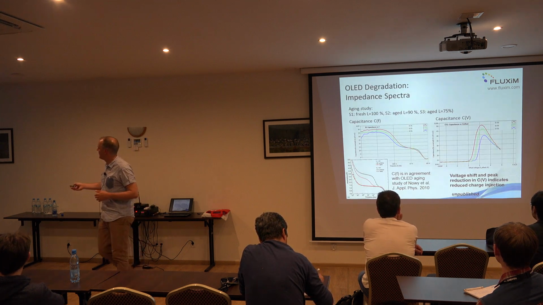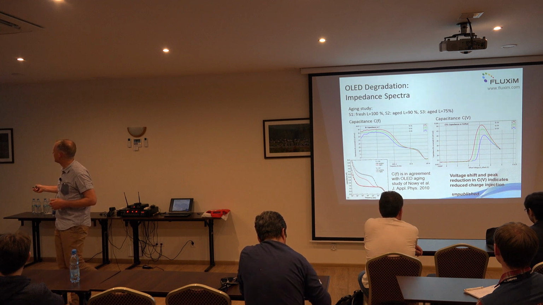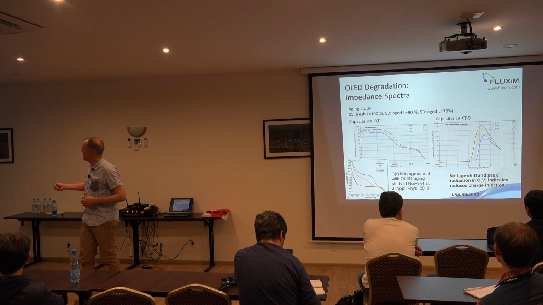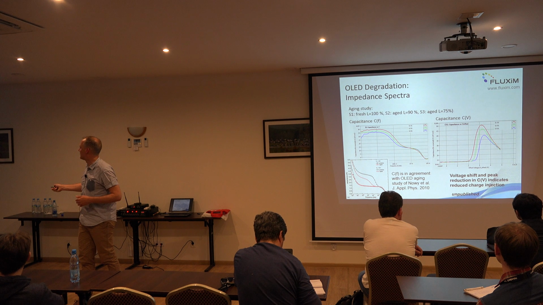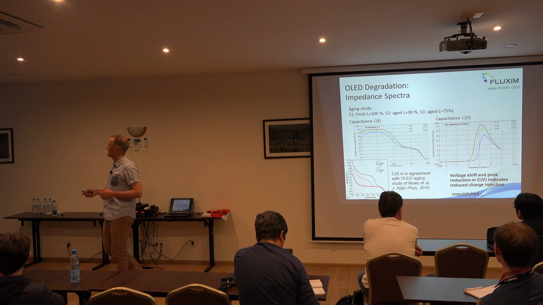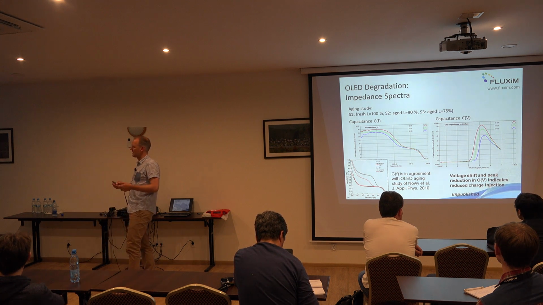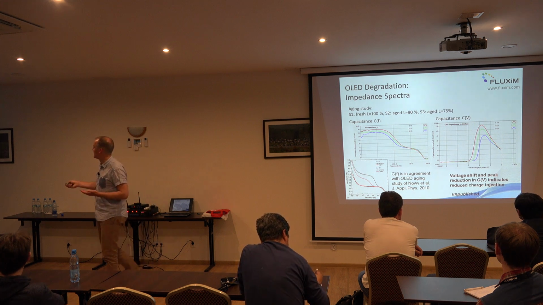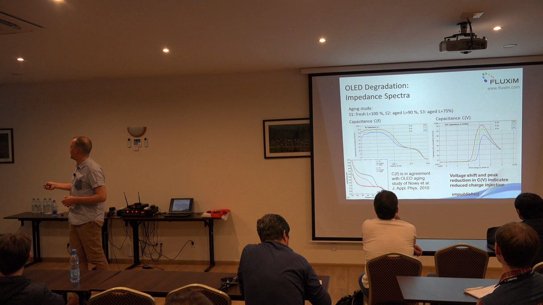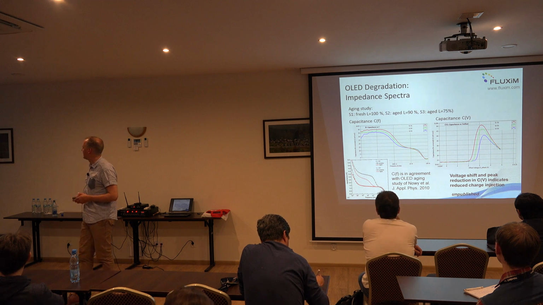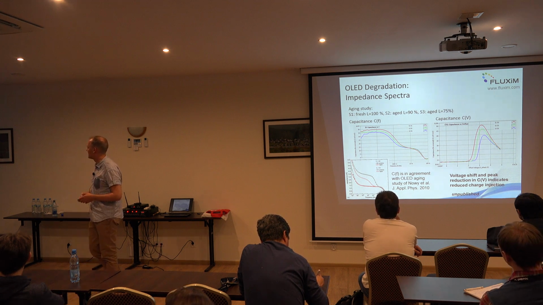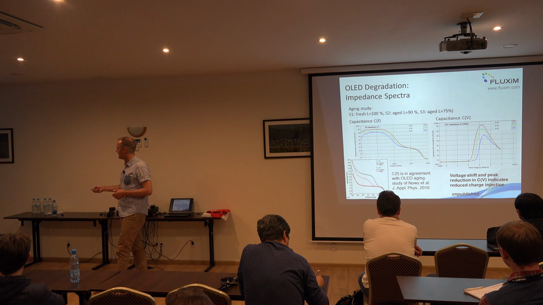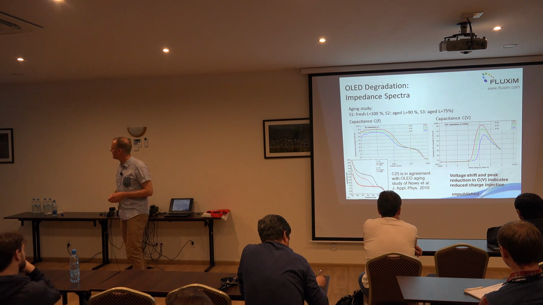If we look at the aged OLEDs, the fresh one was the red, and for the aged OLED, the peak has shifted to higher voltage. So it means that charge injection starts at higher voltage when the OLED has started to degrade. That's one signature of degradation, and in capacitance-frequency, there's another systematic change that was already studied by the Brütting group.